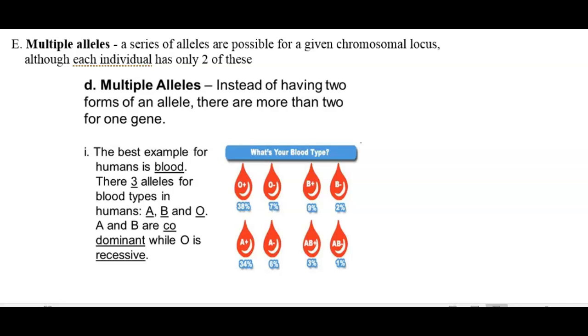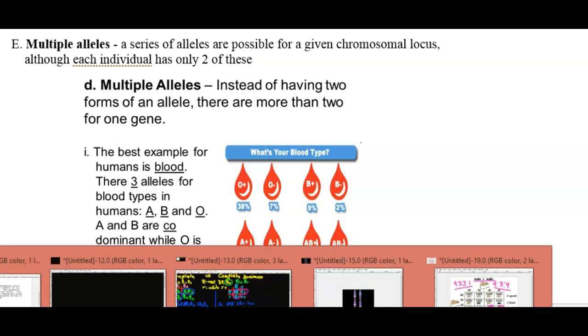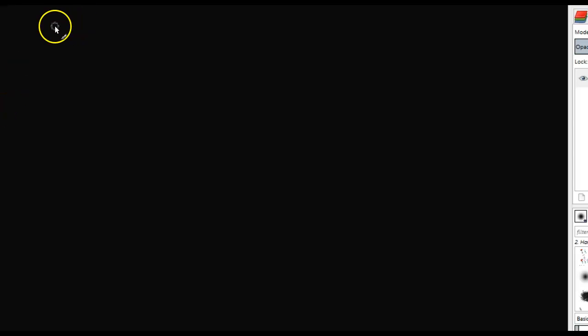Let me actually draw it out for you. The human blood type is governed by 3 different alleles: A, B, and O. But each person only gets 2.